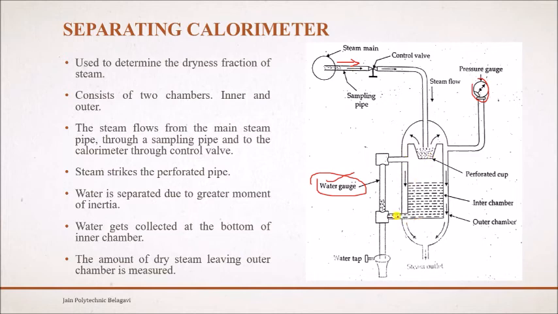The dry steam that has left the outer chamber is measured, and that will give us the dryness fraction of the steam. So in this process the water particles get separated and settle down here, and only the dry steam comes through the outer chamber and gets collected at the bottom. How much dry steam is collected is measured, and that will give us the dryness fraction of a wet steam. So this is regarding the separating calorimeter.